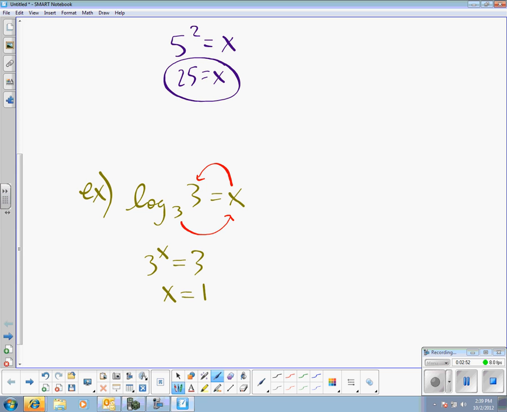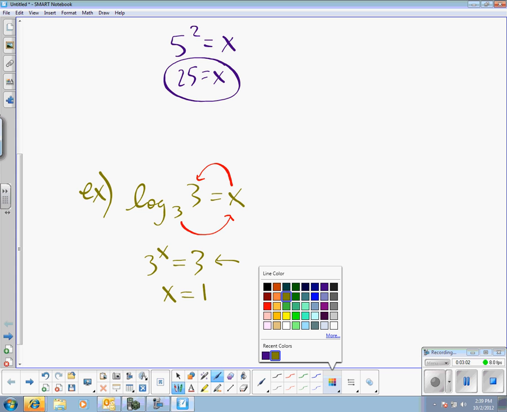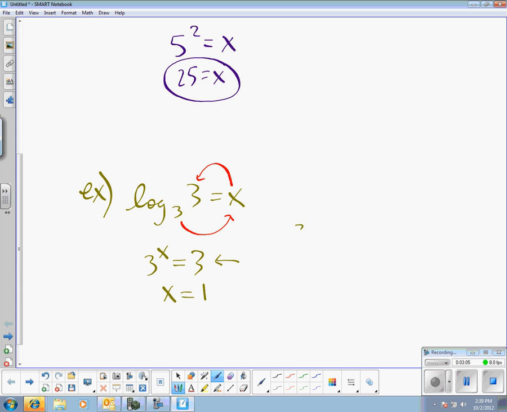If you get one that's not so obvious, and you end up in this situation right here, where you can't just look at it and see, remember how we solved equations where the unknown was in the exponent spot? How do you get the little unknown down out of the tree? Same way you get a little kitty cat out of a tree. You log both sides. Log of 3 to the x equals log of 3.